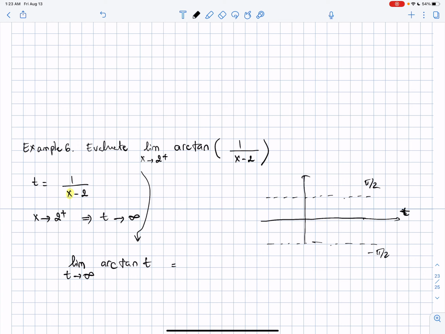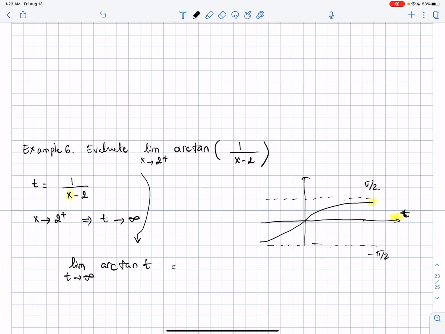So when we go far away, when t goes to infinity, the function will go to pi over 2. We look at this point and you see that it approaches pi over 2, and negative pi over 2 when t goes to negative infinity. So in this case, we have positive pi over 2.